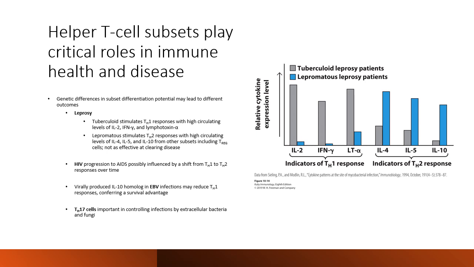But the progression from HIV infection to full-blown AIDS, which is characterized by very low numbers of circulating T cells in your bloodstream and very high levels of virus in your bloodstream, is also influenced by a shift from a Th1 antiviral response to a Th2 antibody humoral response. The antibody humoral response is just not sufficient to control an HIV viral infection. So it's kind of important that we get these responses right.